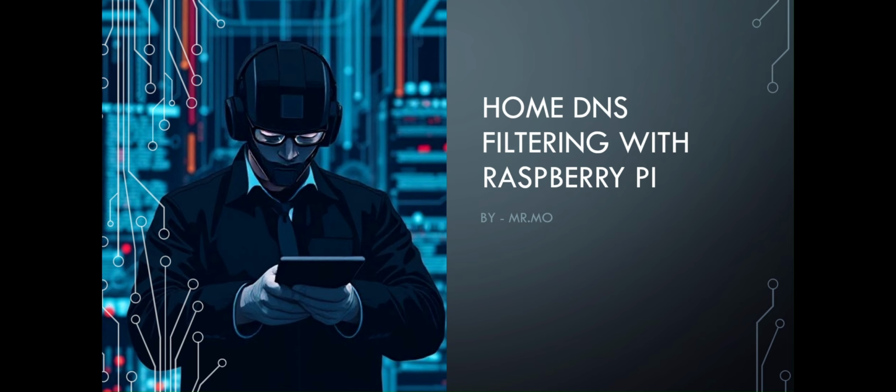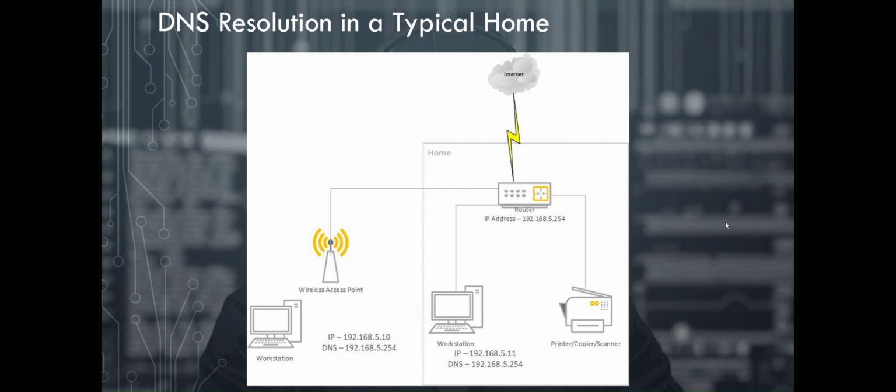You might be wondering, why do I need a DNS filtering solution for home? In the next few slides, you will realize why. So this represents a typical home network where you might have wired and wireless clients connected to a router through a wireless access point. Most of the time, this router is provided by your ISP, which connects to the internet.